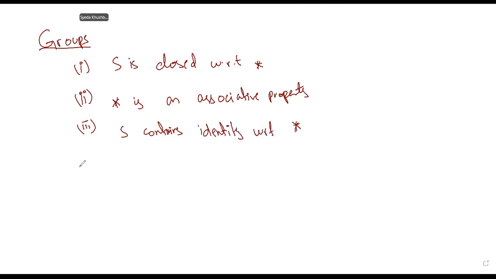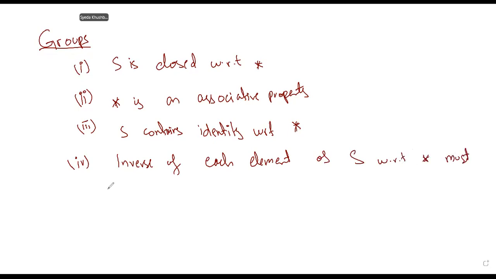And what is the fourth property of groups? That inverse of each element of S with respect to star must belong to S. Acha, okay.